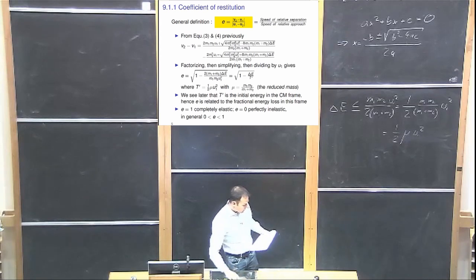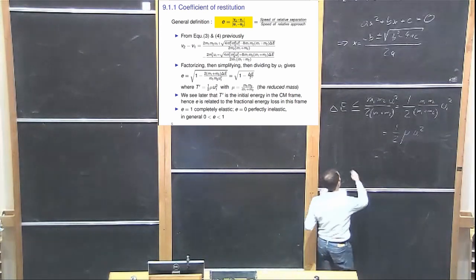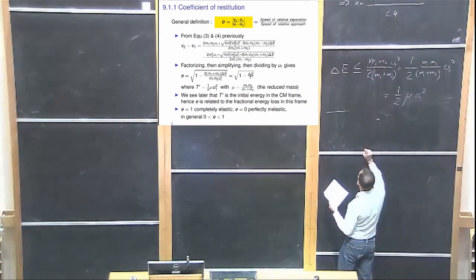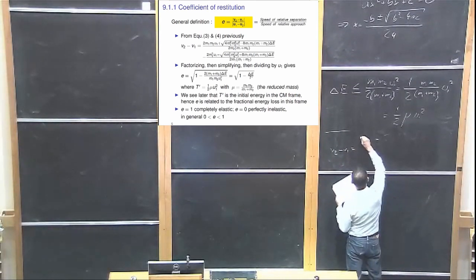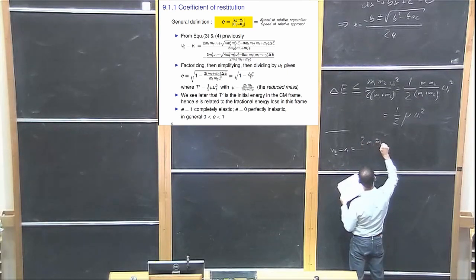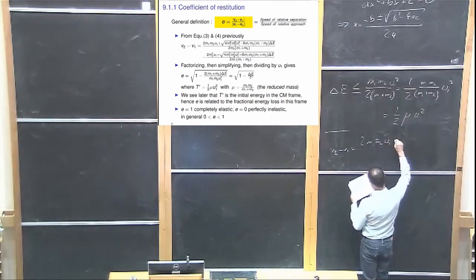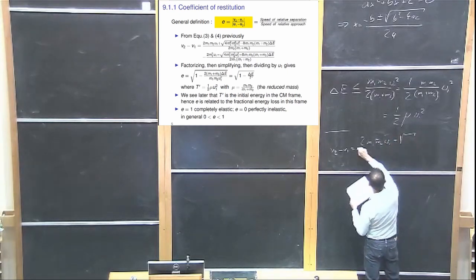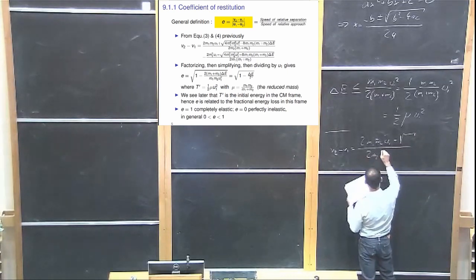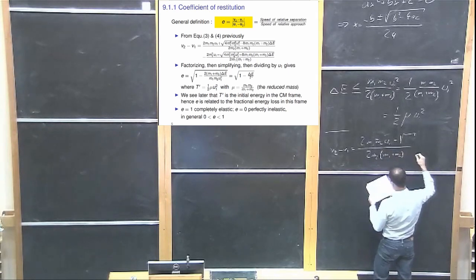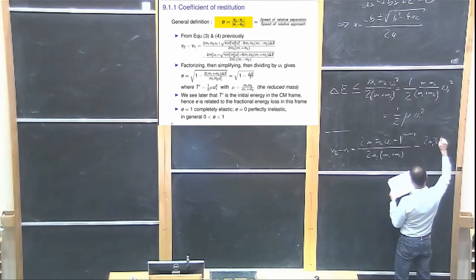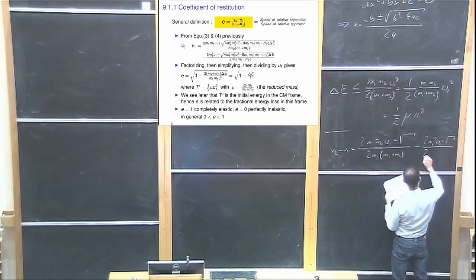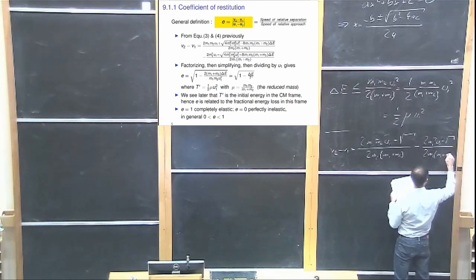Just a quick note there: V2 minus V1 equals this 2M1 M2 U1 plus this horrendous root over 2M2 times M1 plus M2, and then minus 2M1 squared U1 squared, U1, minus that root over 2M1 times M1 plus M2.